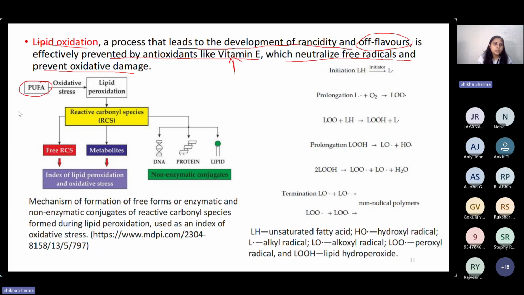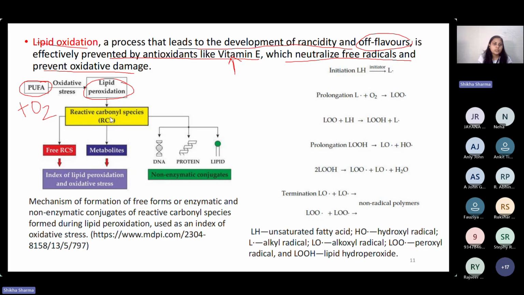So if we have oxygen, it will be in direct contact with oxygen. It can undergo lipid oxidation, so it may form lipid peroxides or such products.